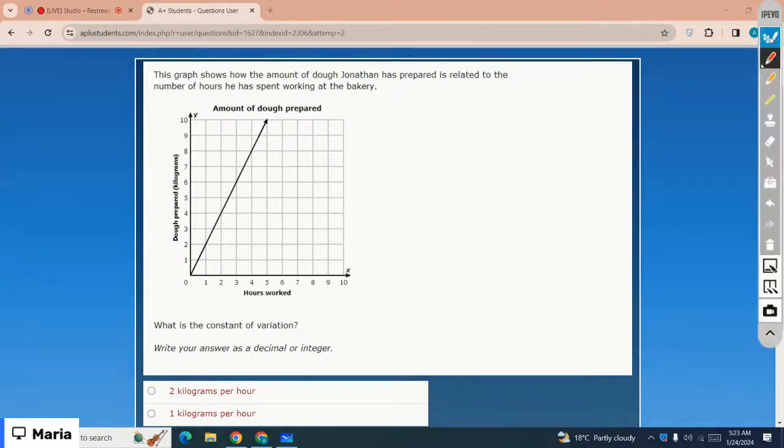So the constant of variation is the slope, that is change in y divided by change in x, right? So just select any 2 points on the graph, right?